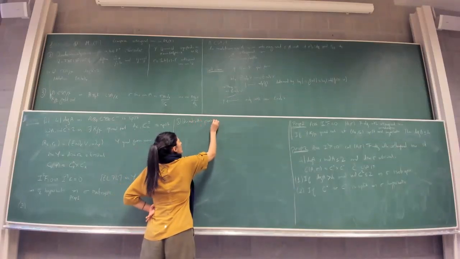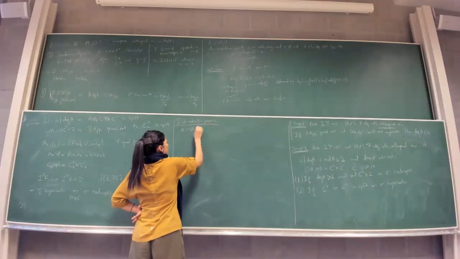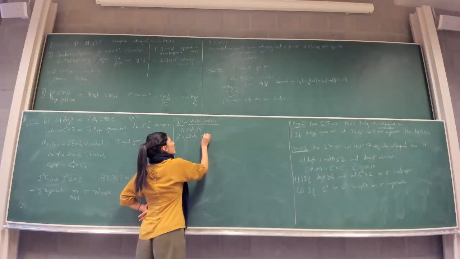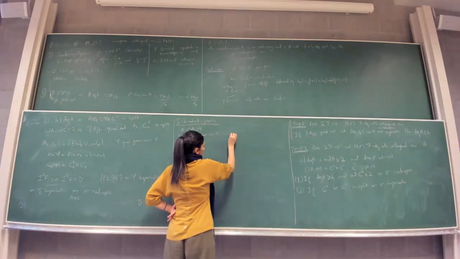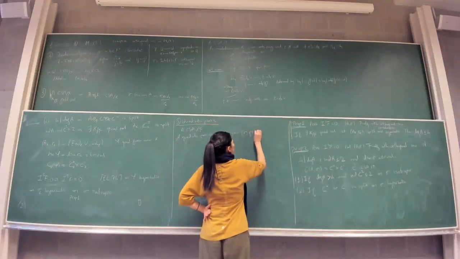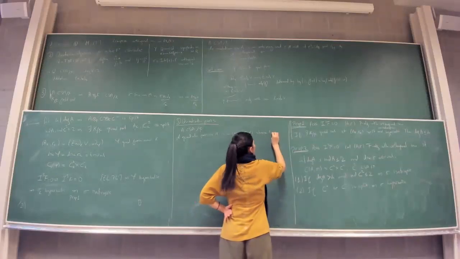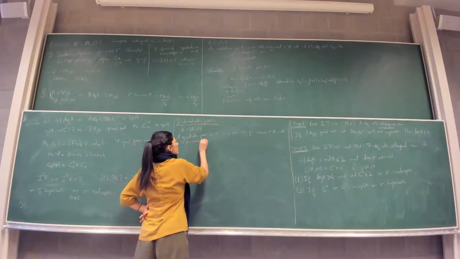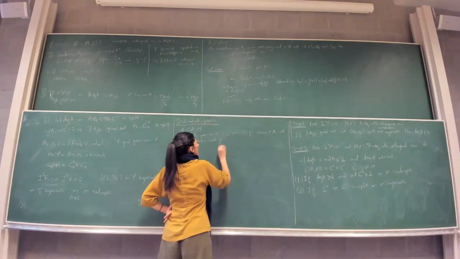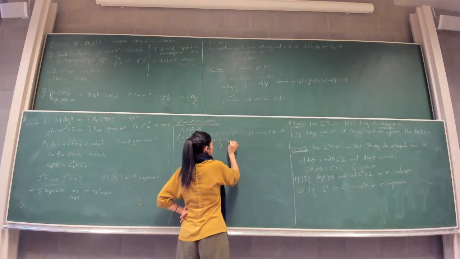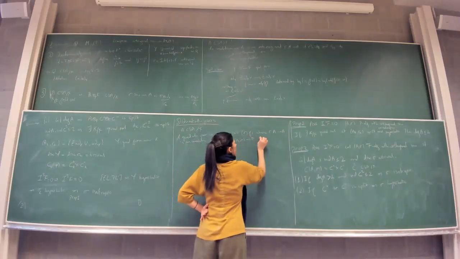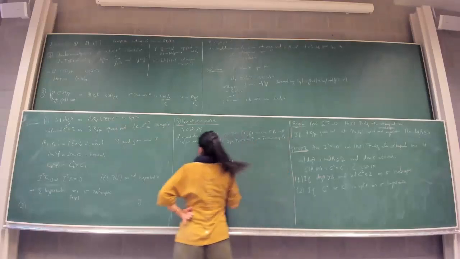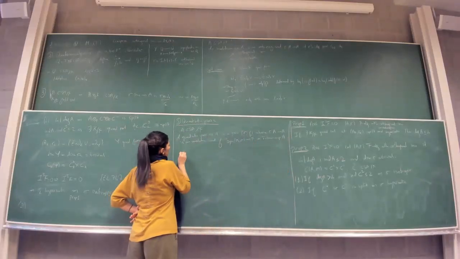Quadratic pairs. Take a central simple algebra over F. A quadratic pair on A is a pair (sigma, f), where sigma is an involution, and f is an F-linear map defined on the symmetric elements, and this should satisfy the following properties.